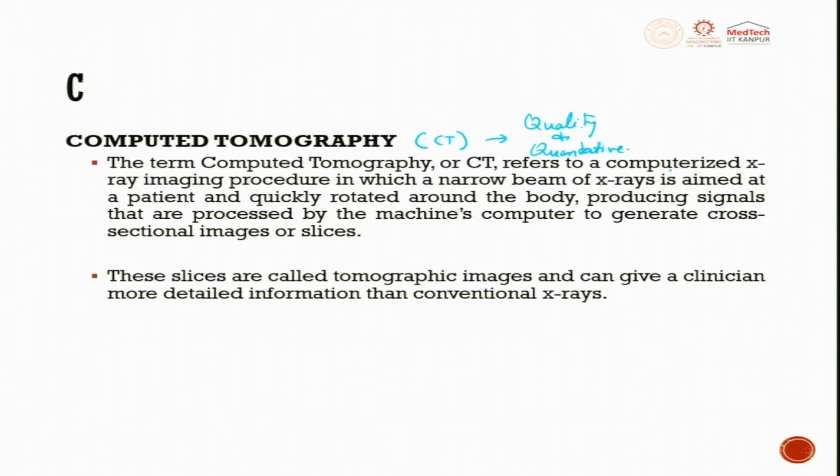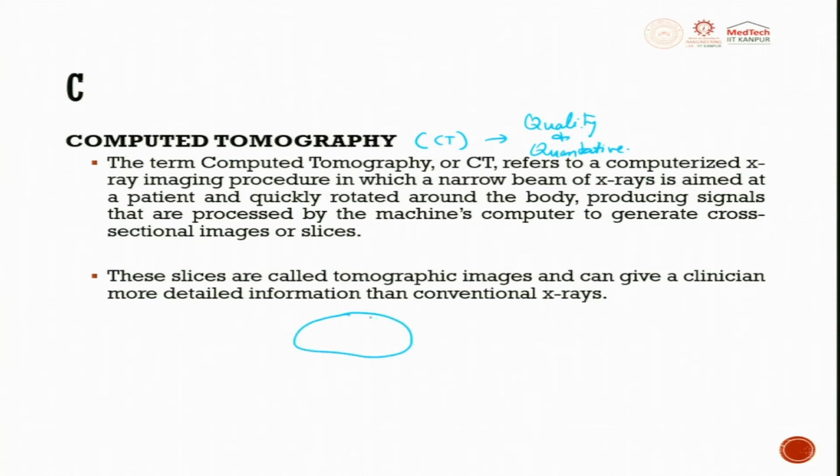It refers to a computerized X-ray imaging procedure in which a narrow beam of X-ray is aimed at a patient and quickly rotated around the body, producing signals that are processed by the machine's computer to generate cross-sectional images or slices. It's just like the CT scan you do for your skull or hand or whatever it is. It tries to give you one layer of information.